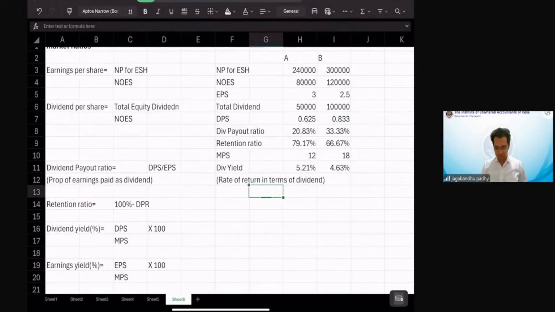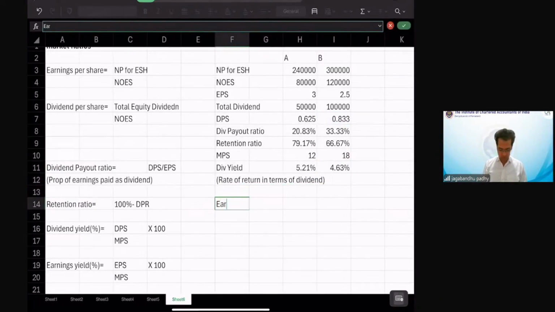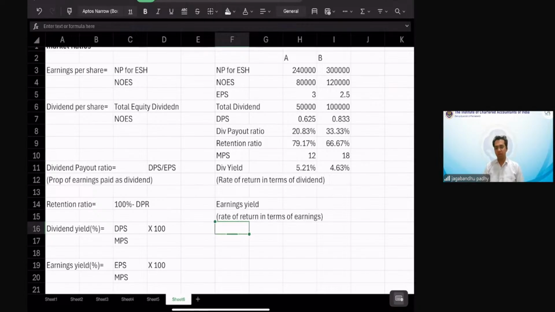And if I talk of earnings yield, that's called as rate of return in terms of earnings or in terms of EPS.